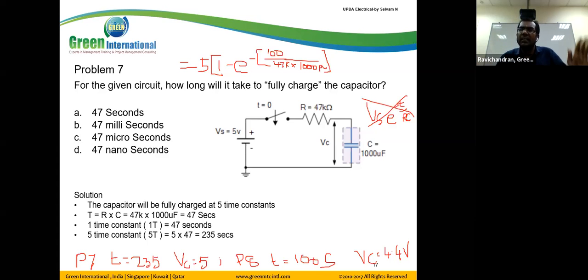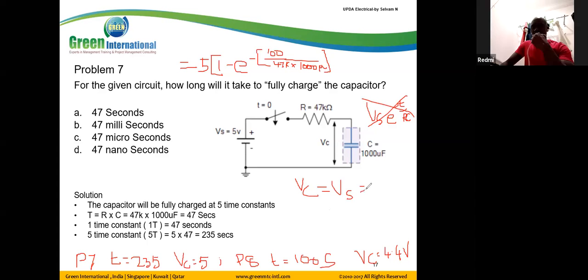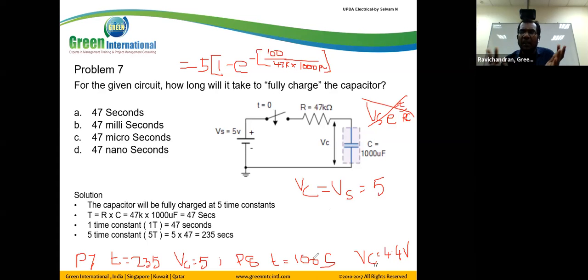That means the capacitor voltage is equal to the source voltage, Vs, DC. For 100 seconds, it has 4.5 volts. For 235 seconds, the voltage is 5 volts. So as time increases, the voltage also increases.